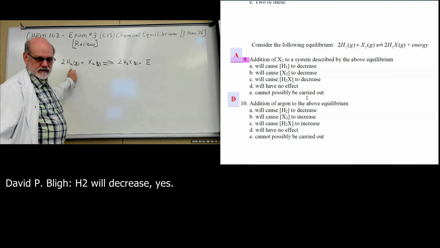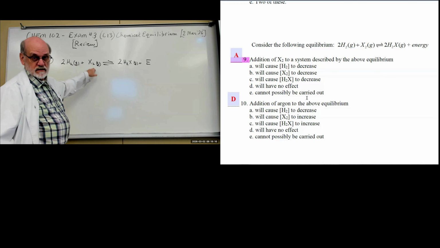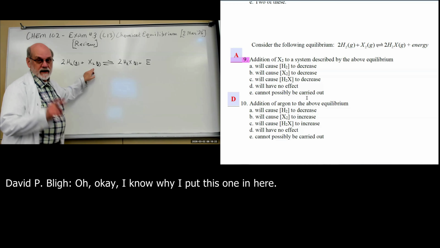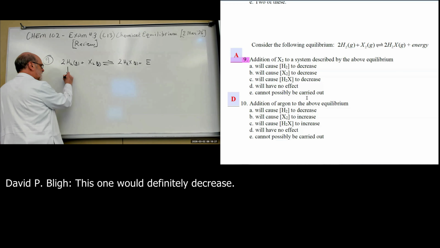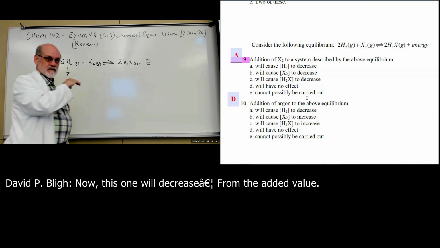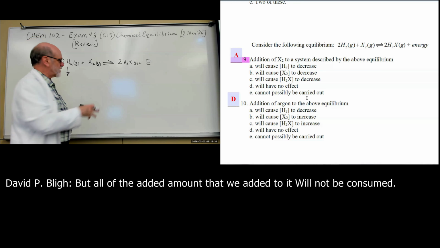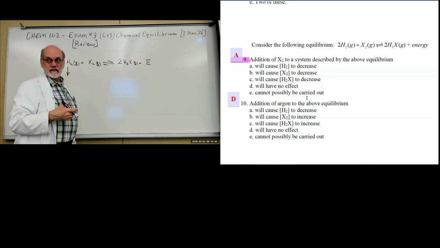H2 will decrease. Yes. X2. Oh, okay. I know how I put this one in here. This one will definitely decrease. Now, this one will decrease from the added value, but all of the added amount that we added to it will not be consumed.